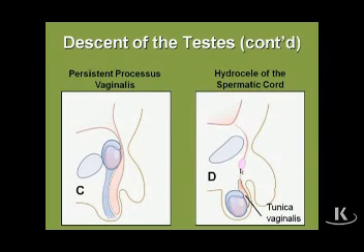So you have incomplete fusion of the processus vaginalis, resulting in a fluid-filled cavity somewhere along the length of the spermatic cord, and we call that a hydrocele of the spermatic cord. So that would present clinically as a fluid-filled lump in the scrotum along the length of the spermatic cord, a hydrocele of the spermatic cord, and that, as I said, is a result of incomplete fusion of the processus vaginalis.